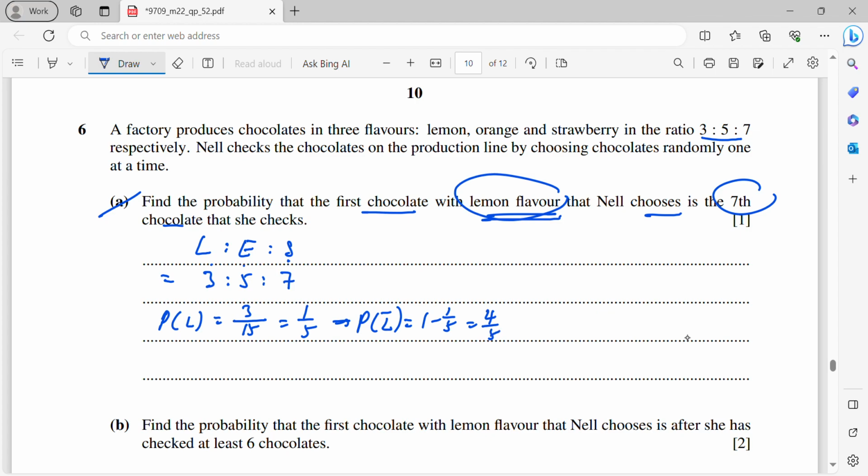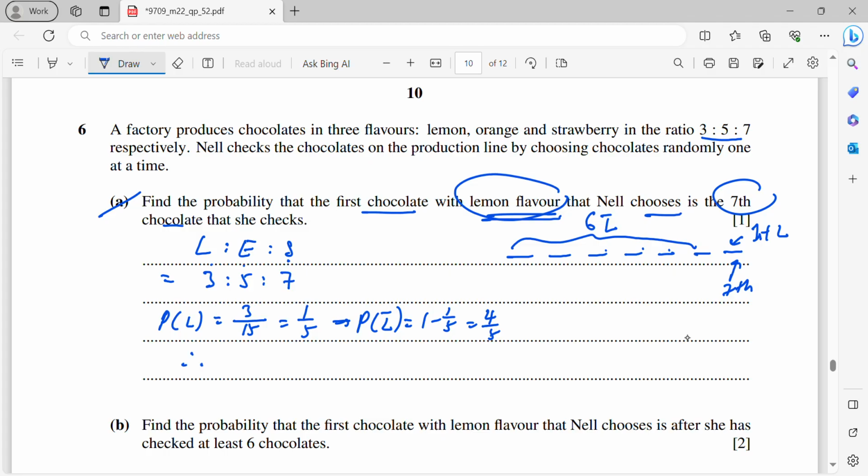Now it's mentioned that Neil has checked 7 chocolates, 1, 2, 3, 4, 5, 6, 7. This is the 7th chocolate and this is the first lemon flavor. So all the previous 6 are non-lemon flavor.